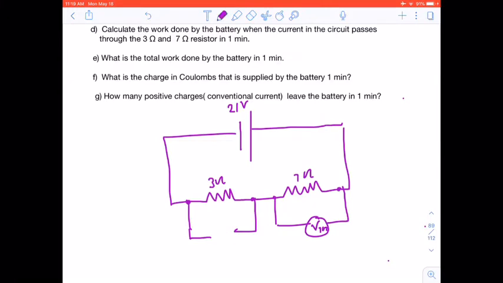We say we have a voltmeter here. We could have called it V1 and V2, but I sort of prefer doing that, so I keep track of what I'm doing. And we have a voltmeter here across the 7 ohm resistor.